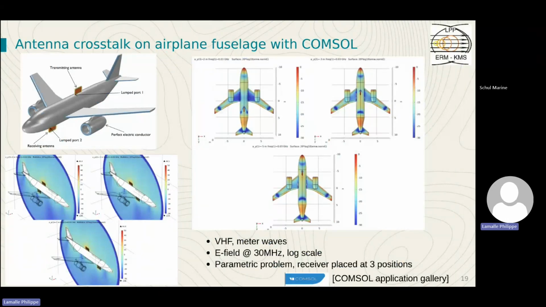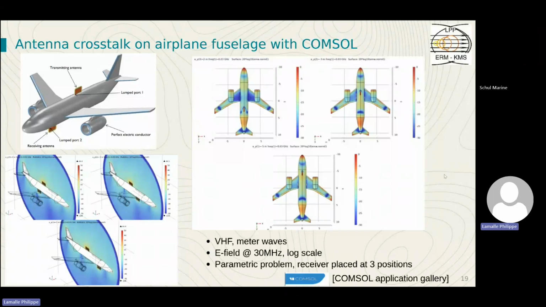Another example, this one coming from the COMSOL commercial software. It's a study of the antenna crosstalk on an airplane. So on the top you have a transmitting antenna. On the bottom you have a receiving antenna. And what is shown here is a result of a set of 3 simulations in which the receiving antenna was placed at 3 different positions under the fuselage.